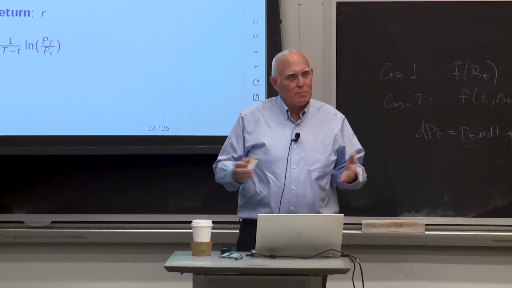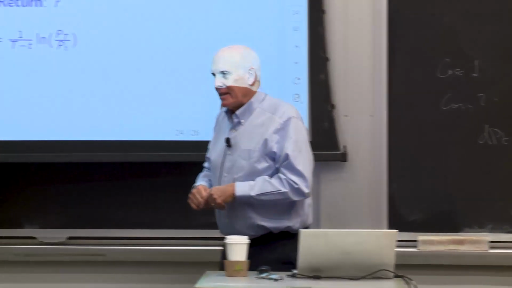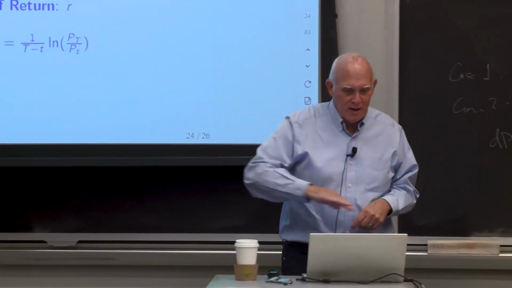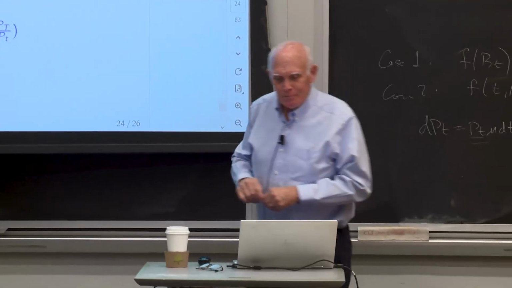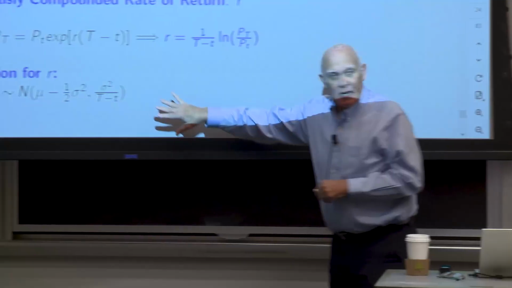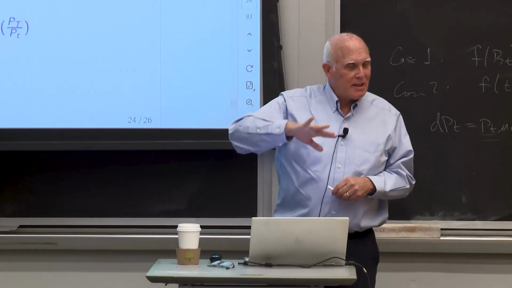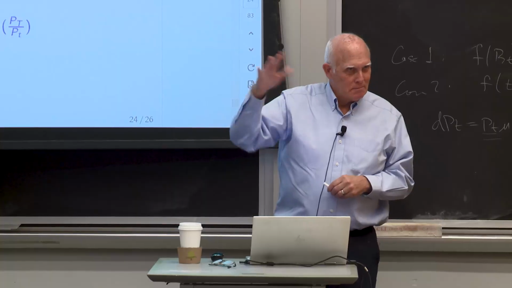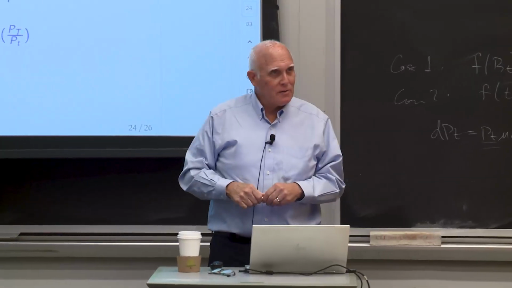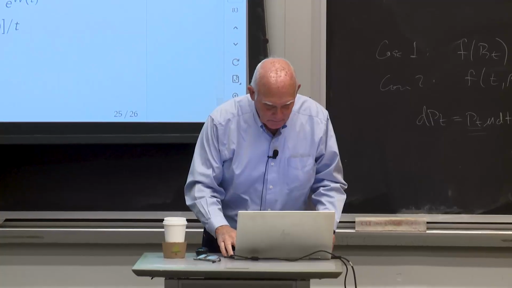So this is an important property of geometric Brownian motion, that the process basically grows at a constant rate with some variability, but that variability goes to zero as we consider very, very long periods.